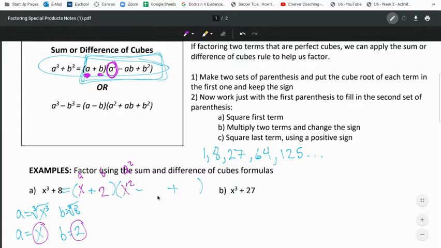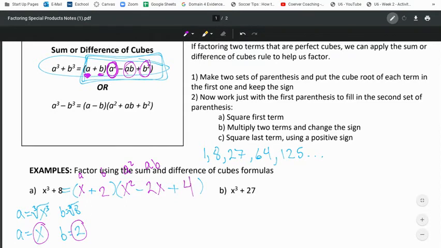The middle term is A times B, so x times 2 gives me 2x. And the last term is B squared, so 2 squared is 4. And this is my final answer. That's how you find the sum of cubes.